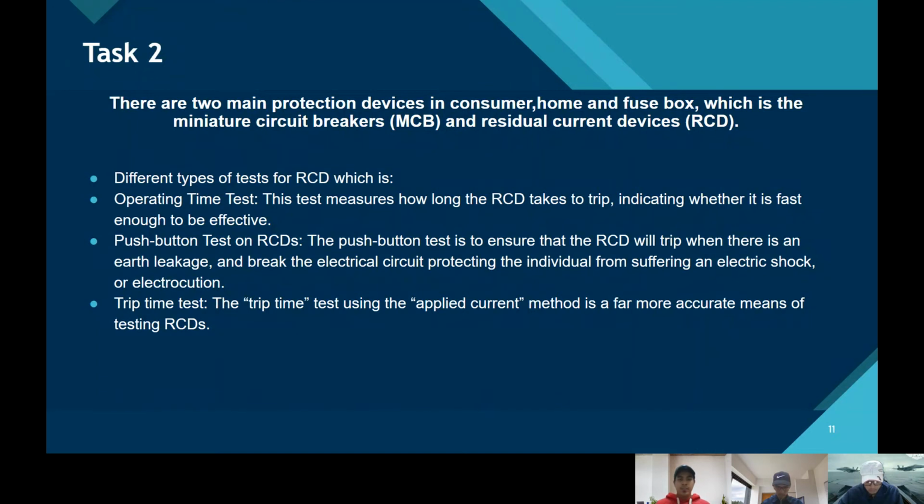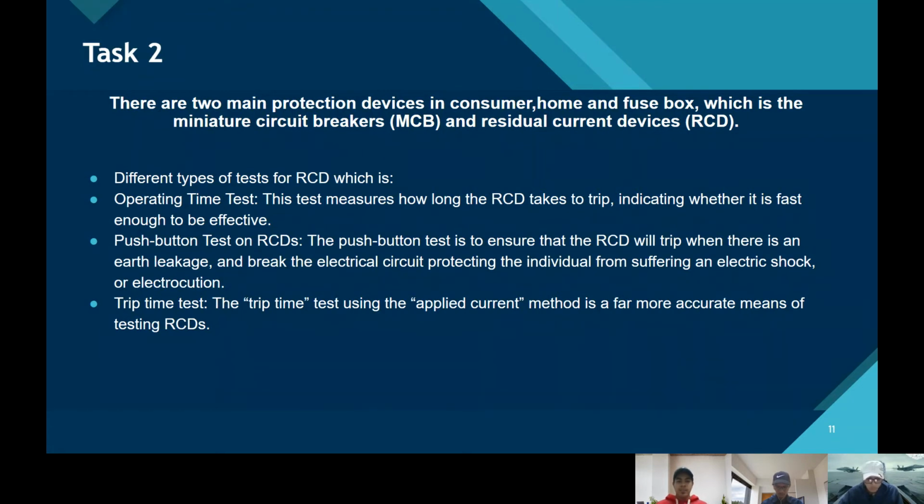So there are different types of test for RCD, which is the operating time test. This test measures how long the RCD takes to trip, indicating whether it is fast enough to be effective. Next, the push button test.